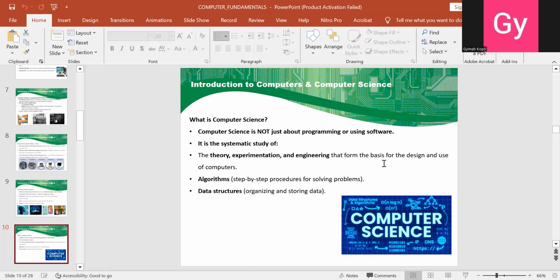And there you'll be talking of algorithms, the step-by-step way of solving a problem. If you are given a simultaneous equation to solve, there is a way of going about it. You start with the first stage, go to the second stage, you do all those things before you finish. So if tomorrow you want a computer to solve a simultaneous equation for you, it's the same process that you are going to describe as the algorithm for the computer so that it will solve it.